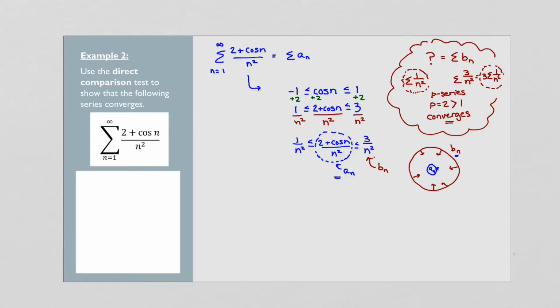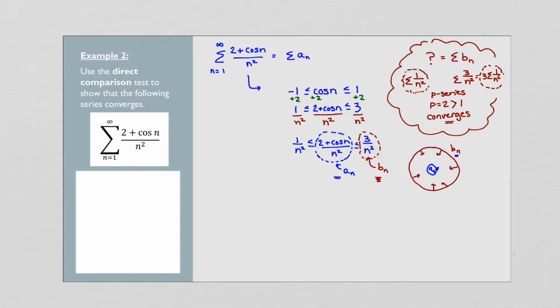That means we are going to take 3 over n squared as our p-series, which converges. And because the terms of b sub n are larger than the a sub n terms, and since the series b sub n converges, that forces a sub n to also converge.